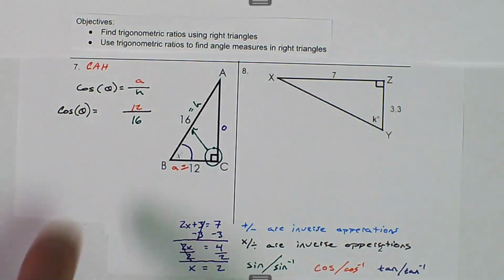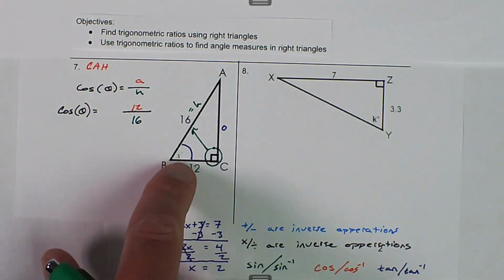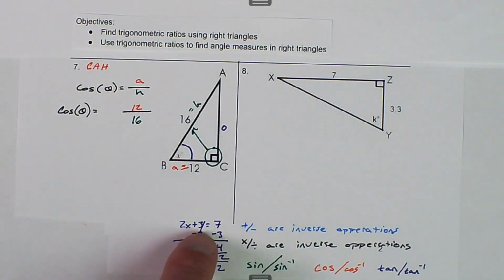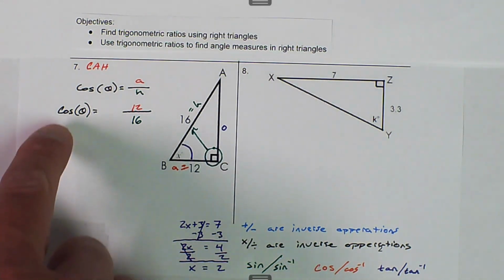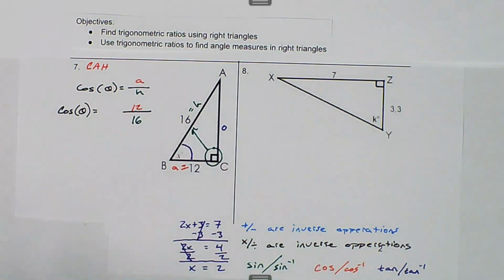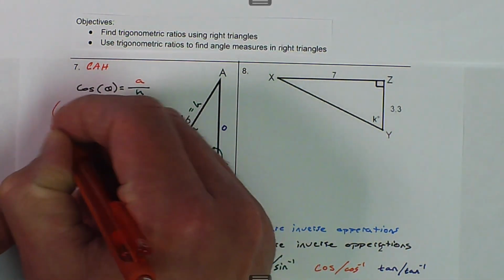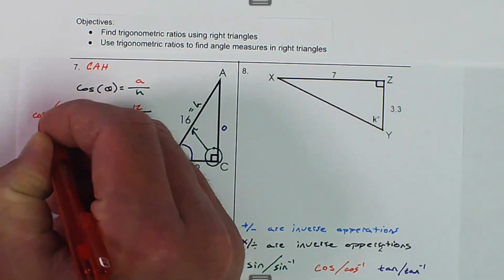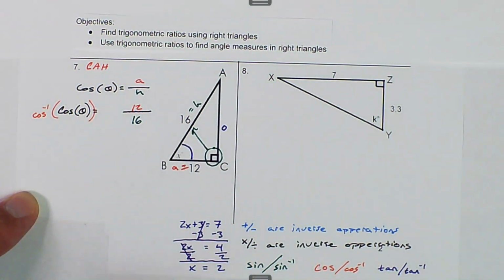Now we want to solve. We have theta over here, or our x variable, and we want to get that by itself. Just like when we had addition, we did the inverse operation, and just like when we had multiplication, we did the inverse operation to cancel it. We have the cosine, so we have to multiply both sides by the cosine inverse, or the inverse cosine. I'm going to put this whole side in parentheses and multiply that by the cosine inverse.